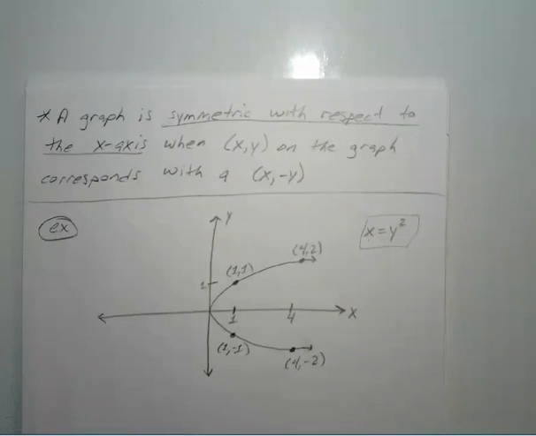Okay, so if you're still writing, feel free to press pause. But we're going to go ahead and go to the steps to test to see if a function is odd or even.